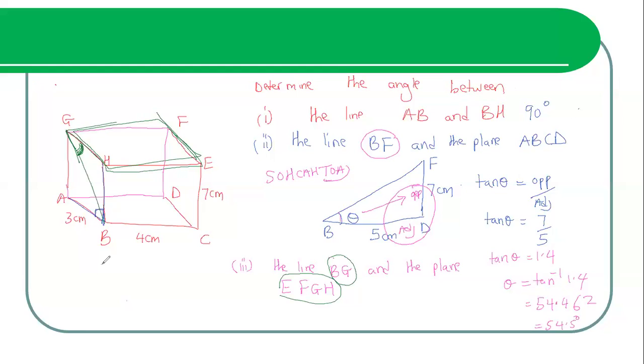So when you look at this height, it's 7 centimeters. When you look at this distance here, it's 3 centimeters. And then you find this, still you use tan. So our answer, I expect you to have 66.8.